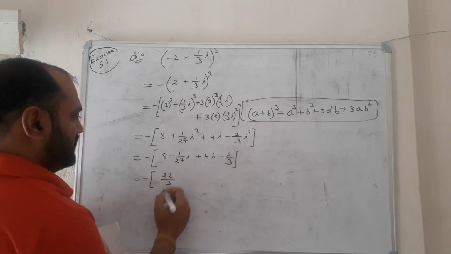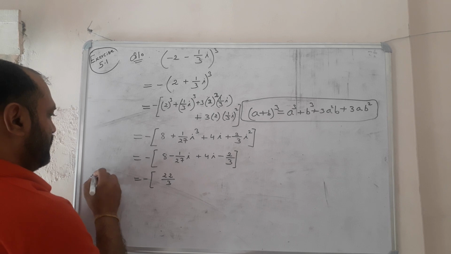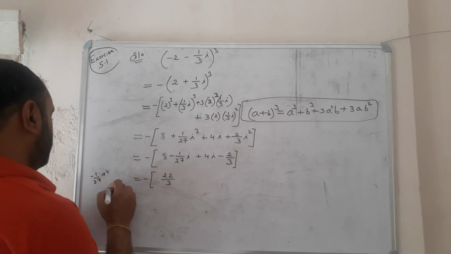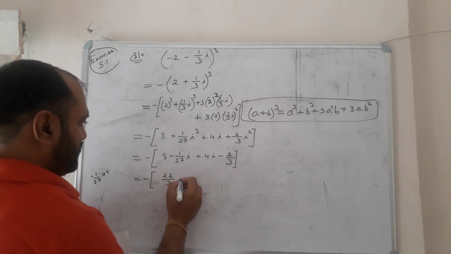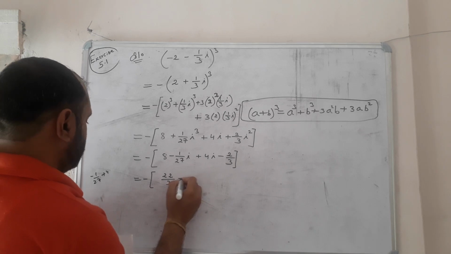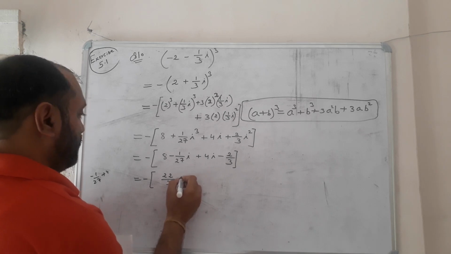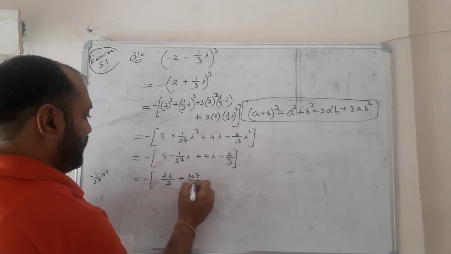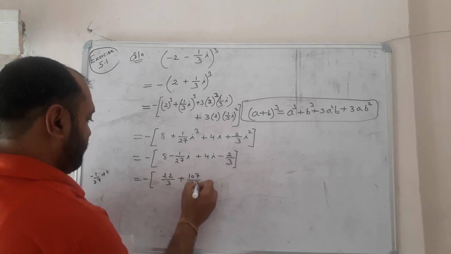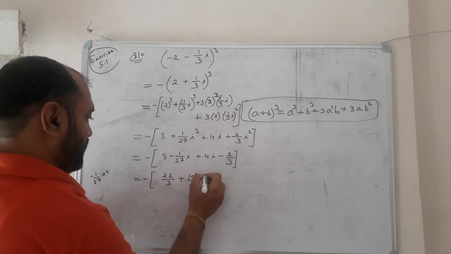And when you simplify this, minus 1 by 27 plus 4, right? So this is 107 upon 27 iota.